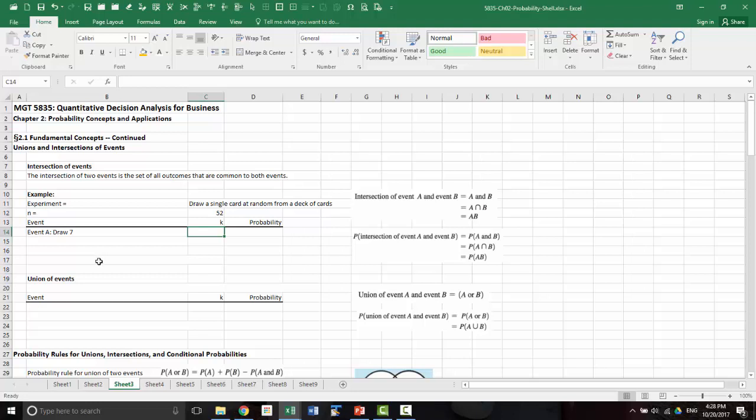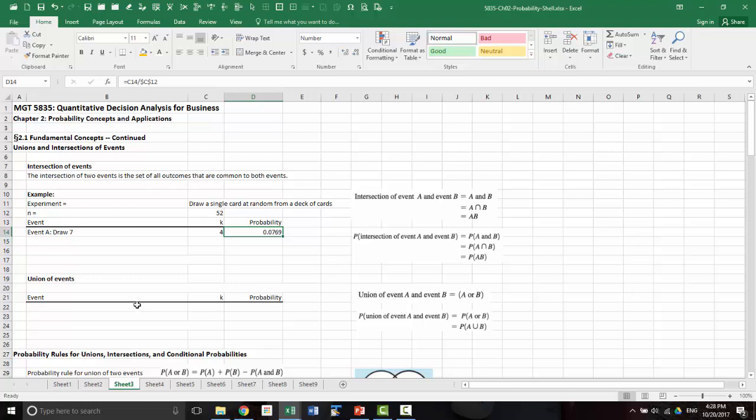Since there are 4 sevens, K is 4. So the probability of drawing a 7 is that divided by that. I'm going to make C12 absolute, so we will be able to copy this probability down with the N always coming from C12. Let's format this.